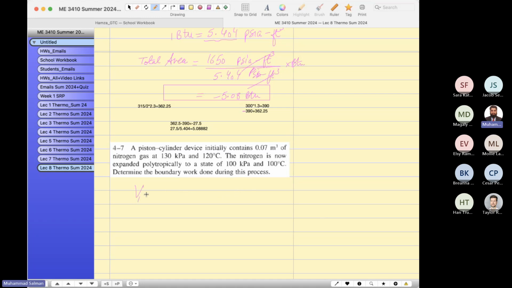So the initial volume is given, and the gas is nitrogen, and the initial pressure is 130 kilopascals, and the initial temperature is given as 120. I would convert it into Kelvin.